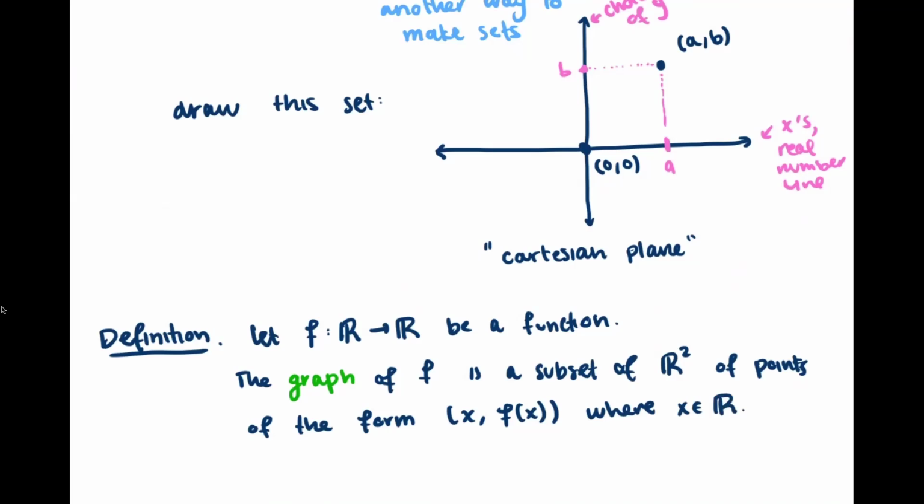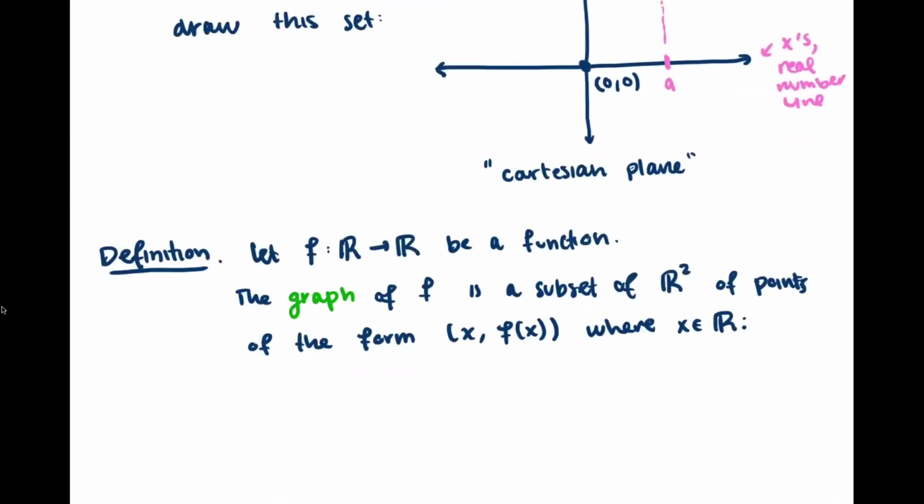Okay, let me write this down as a set. This will be the set of points x comma y in R2 such that y is equal to the output of f when I put in x. Is it making sense?